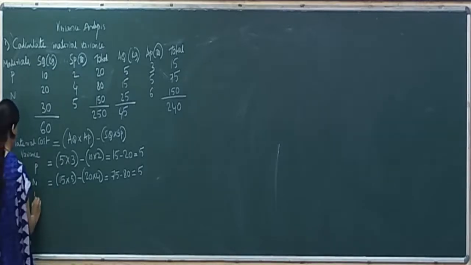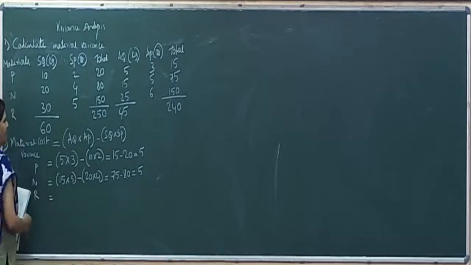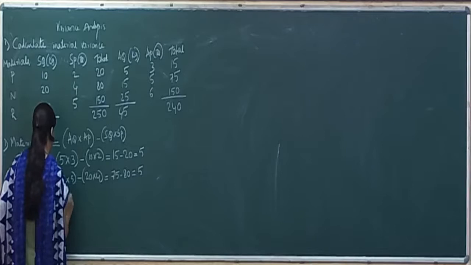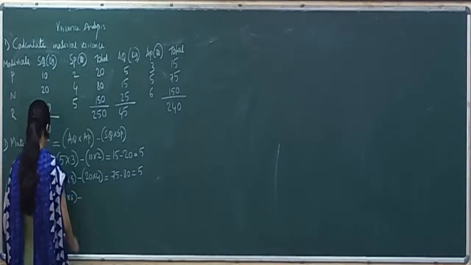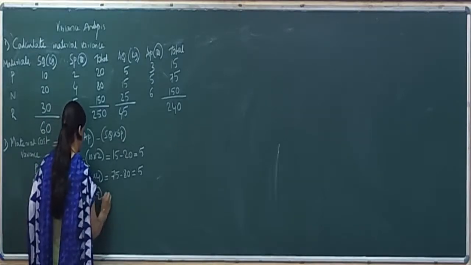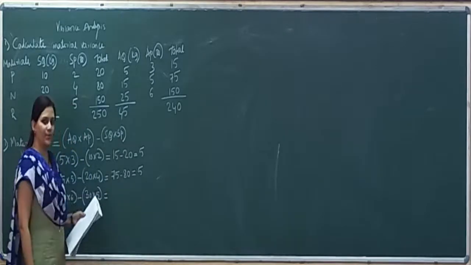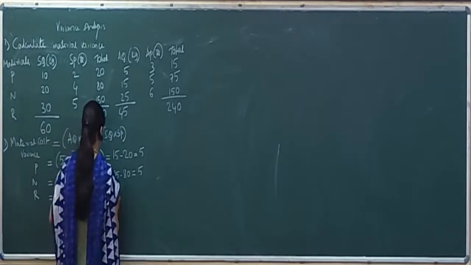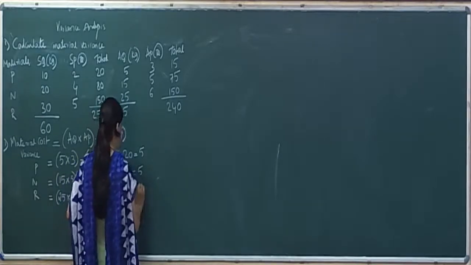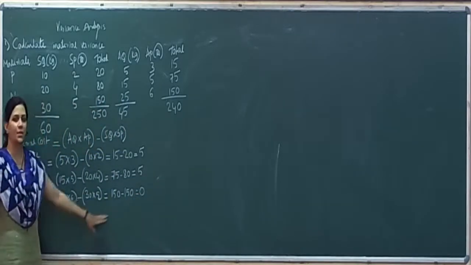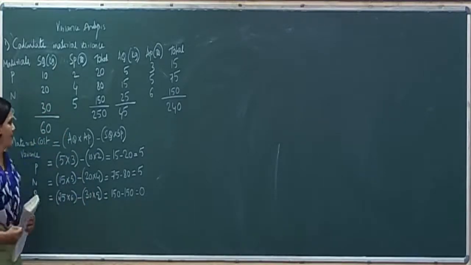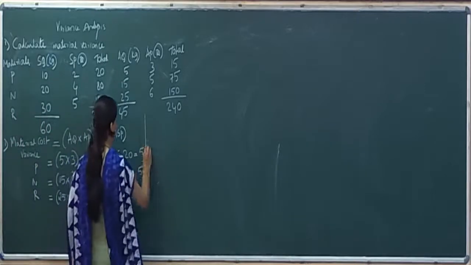In the same way, actual is 25 into 6 minus 30 into 5. That comes to, so here standard is equal to actual, so that is 0. In the same way, the second one we can find out.